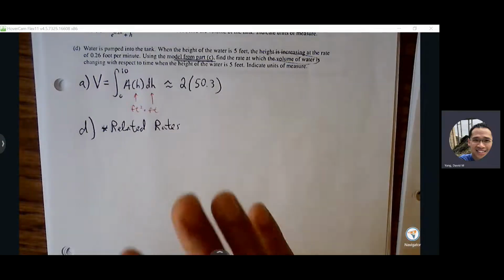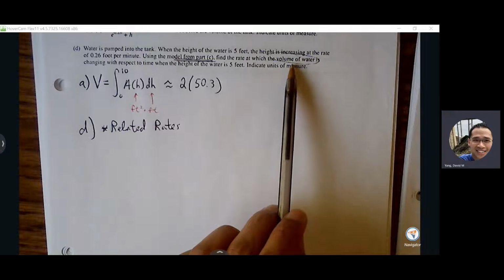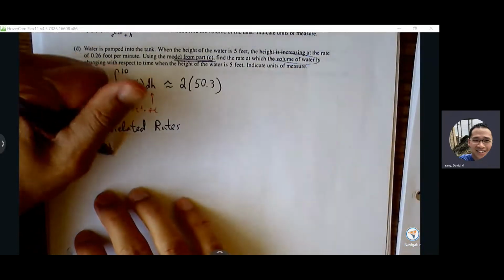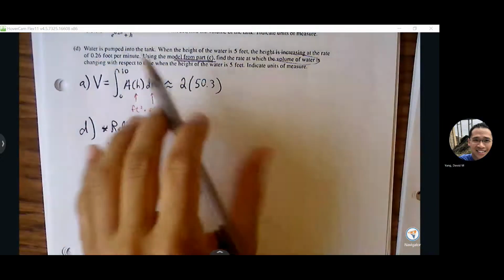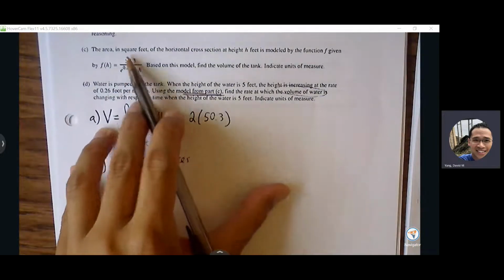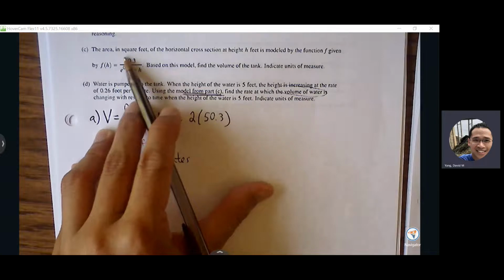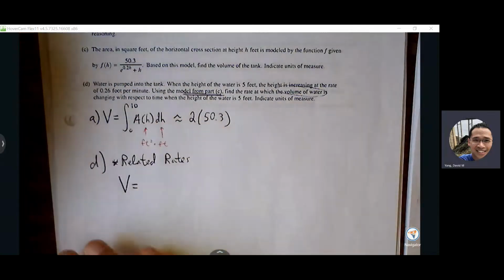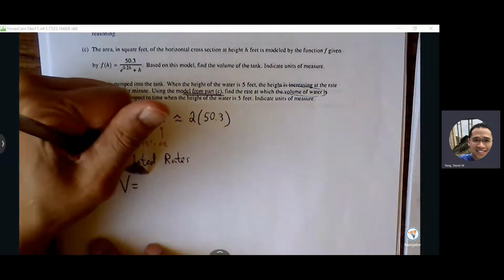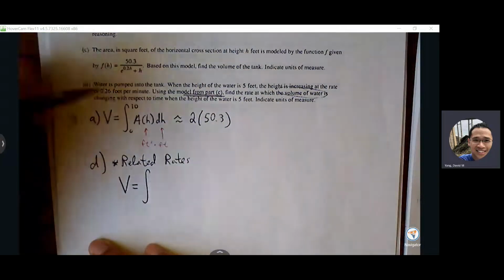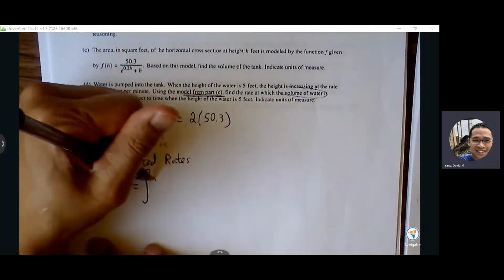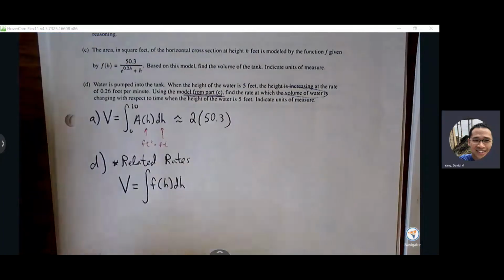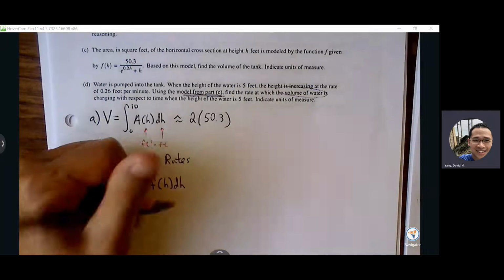Now, before we can find the rate at which the volume is changing, we first have to build our volume equation. We have area, so we have to involve the integral of area to reach our volume. So the integral of f of h, we know we're starting at 0.